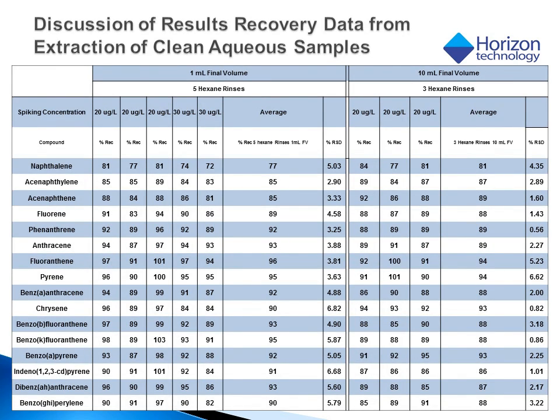We next extracted clean water samples made from distilled water. This slide shows recovery results from this data. So clean 1-liter DI water samples were spiked and processed on the 4790. Comparisons were made between samples extracted with 5 hexane rinses versus 3 hexane rinses, and results were the same for 3 rinses versus 5 rinses.